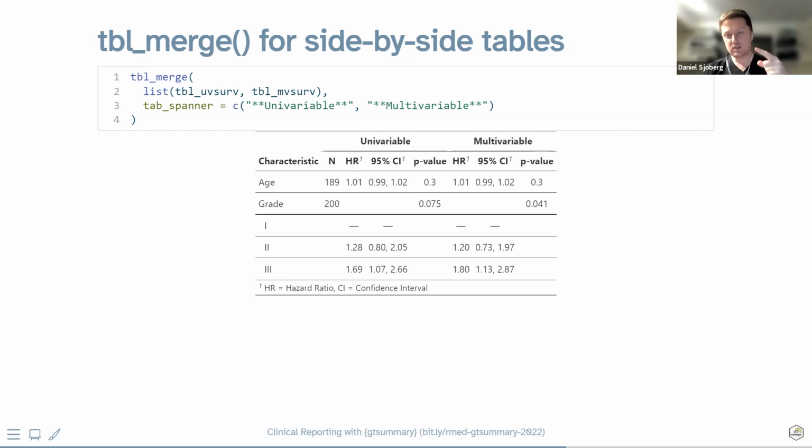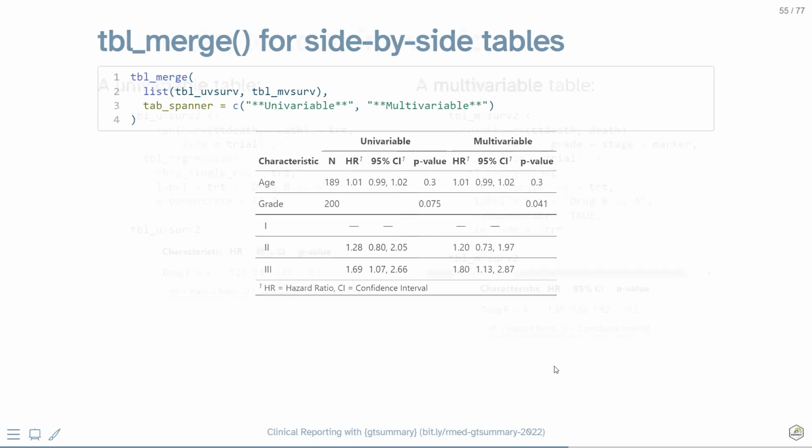And just as an additional FYI, the sorting that is found in the first table that's passed, in this case the univariable table, is what's going to take precedence. So you might have to rearrange that if you want, for example, all of your significant p-values to appear on top, and then the bottom half of the multivariable table could be blank. So the ordering of the variables is determined by the first table that is passed to the function.